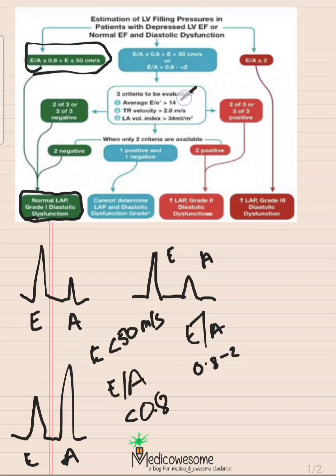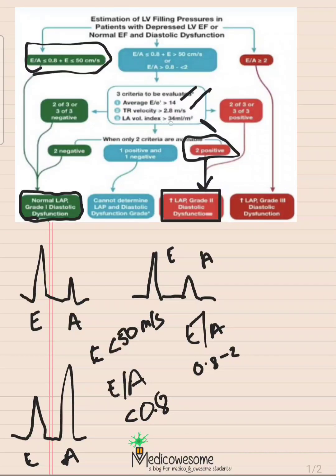So we talked about the mnemonic. 7 times 2 is 14, 7 times 4 is 28, so 2.8 for the TR jet velocity. And 7 times 5 is 35, so 34 for the LAVI. If all of the criteria are positive, this means that the patient has grade 2 diastolic dysfunction with an elevated left atrial pressure.